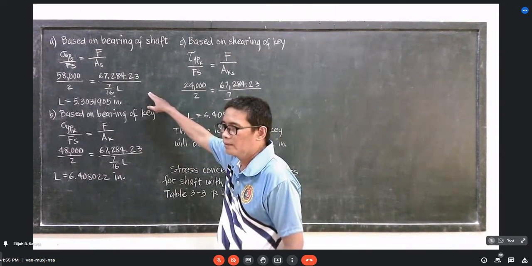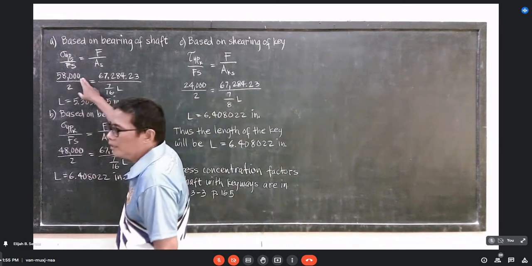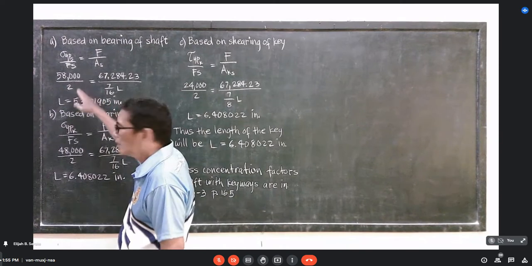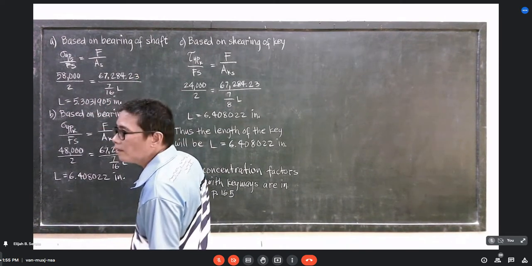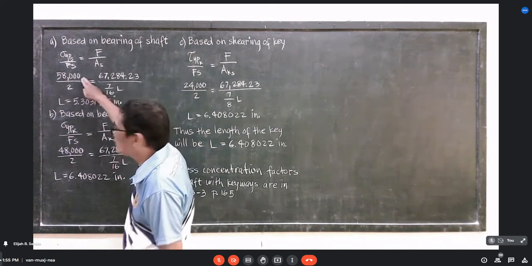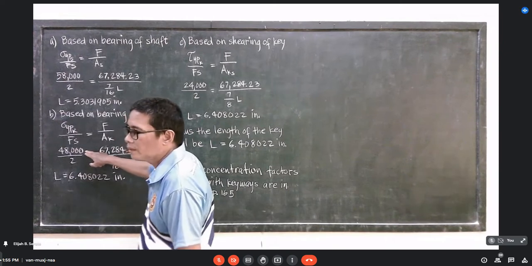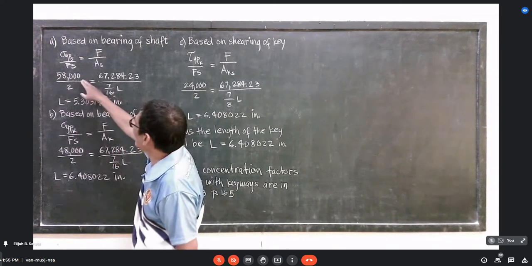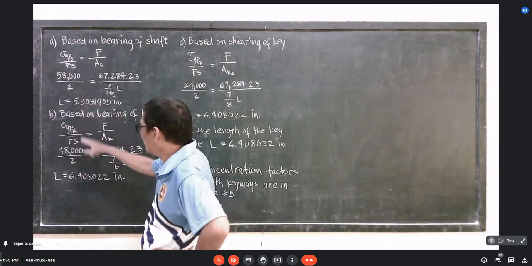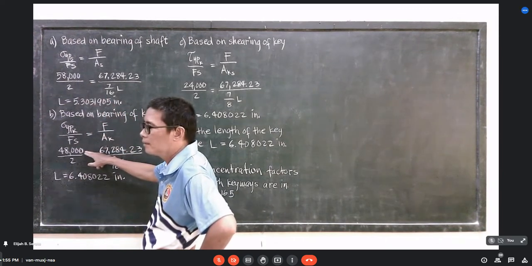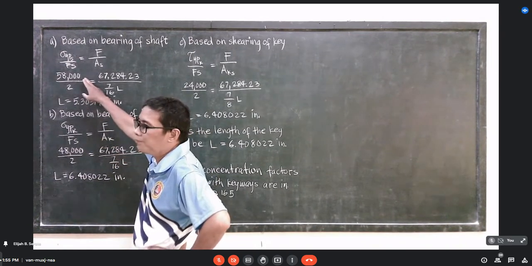Why? Because of their yield point stress. You will notice this is the same as this one. But what makes it different is their yield point. Meaning, your shaft has a higher yield point than your key. So, meaning, your shaft is stronger than your key.